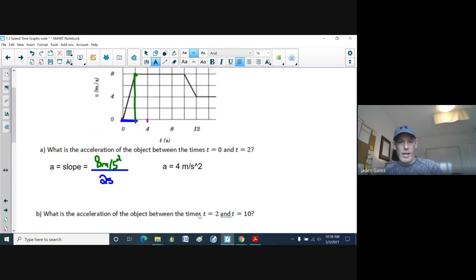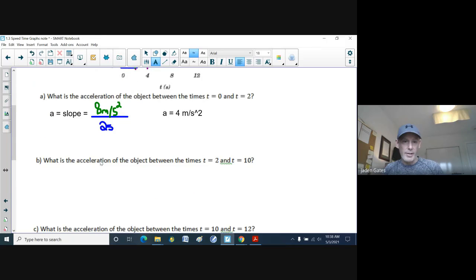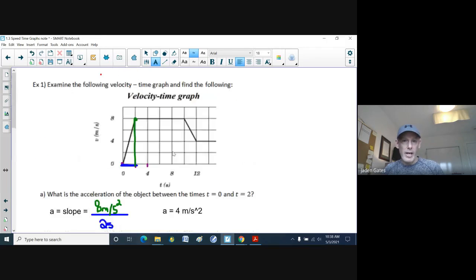All right, now the next one is, what is the acceleration of the object between 2 and 10 seconds? All right, so again, I'm going to use my rise over run here. Let's erase this. All right, and so from 2 seconds to 10 seconds, there's my 2 and there's my 10.